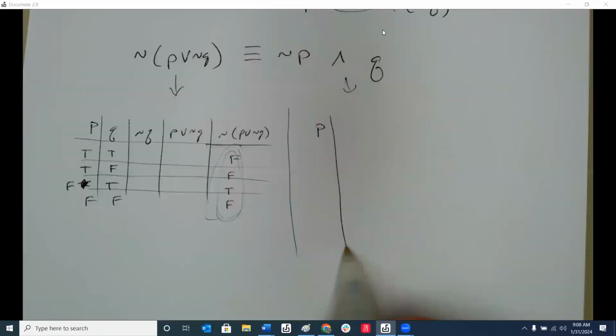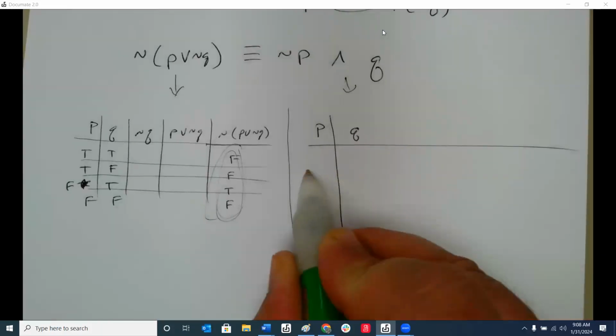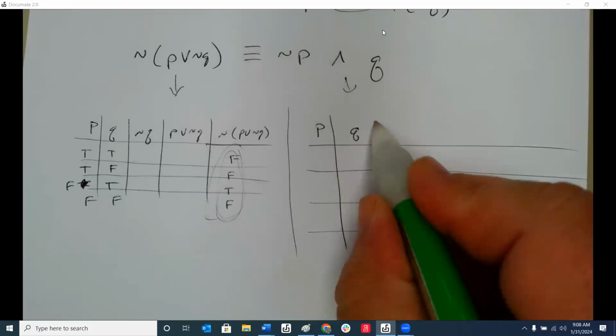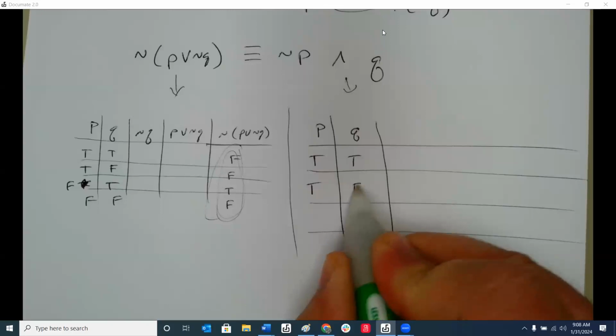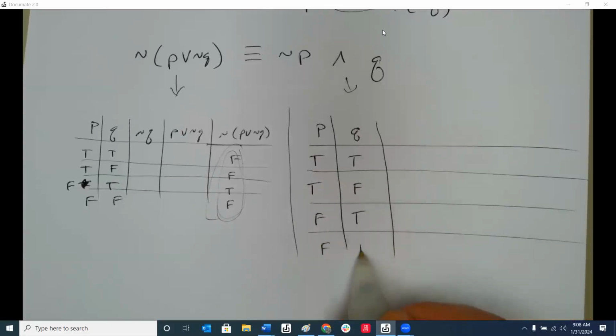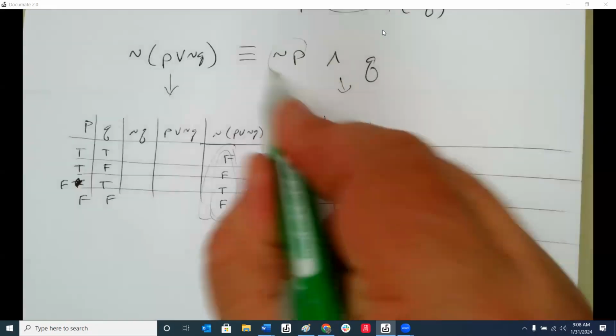So we have P and Q. Going to be true, true, true, false, false, true, false, false. Let's build it. What do we need now? We need the not P, right?